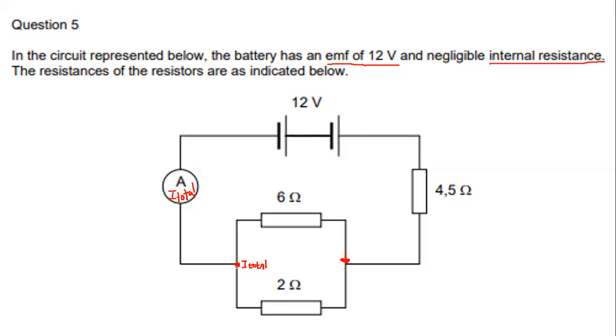When it flows through this conductor, it goes down, down, down, moves through the 2 ohm resistor, and then it will go up, and the current will meet up there again. So at that point, I will also have the total current, because the current divided at this point and met up at that point.